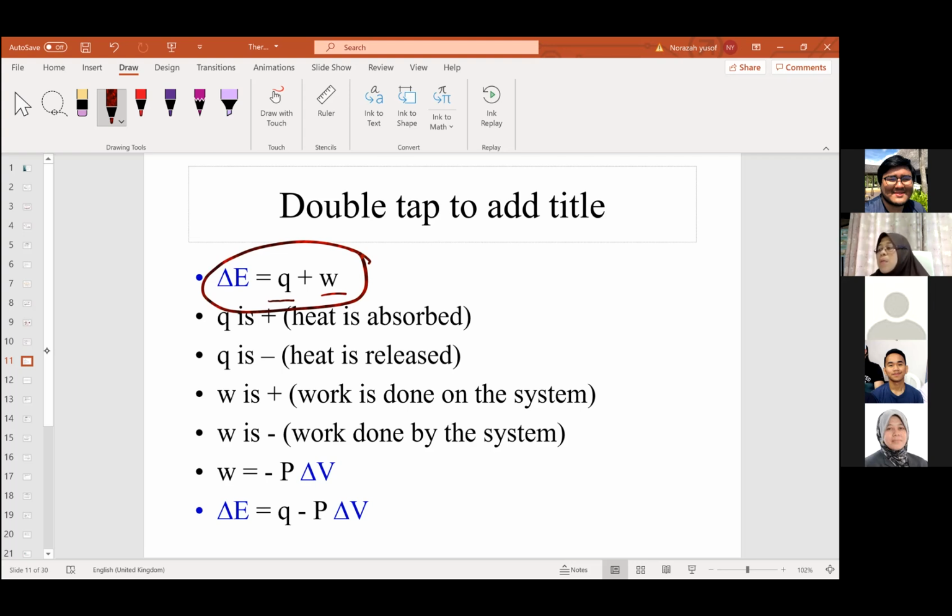If Q heat is released, then the sign is negative. Next, work is done on the system. What does it mean that work is done on the system?